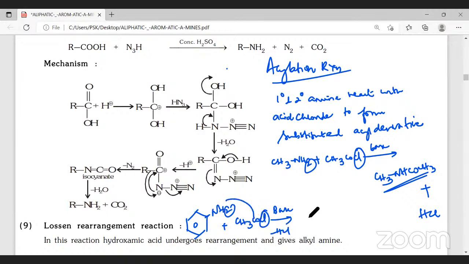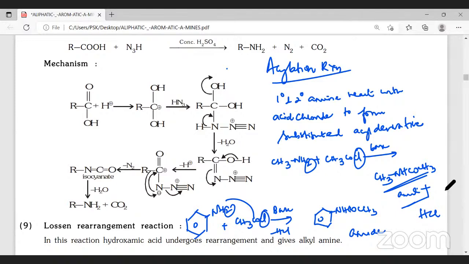In place of it, the CO group. So there you get a benzene ring, you have NH, you have CO, CH3. So this is also an amide. Here also we get an amide. We will learn the names of this amide a little later. This is otherwise called the Schotten-Baumann reaction.